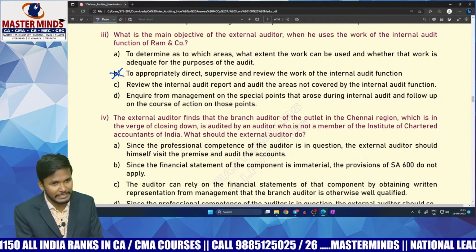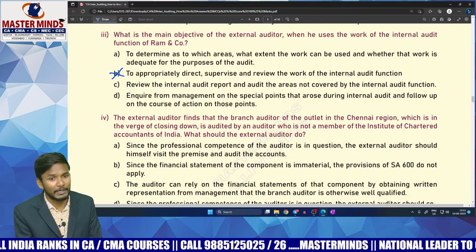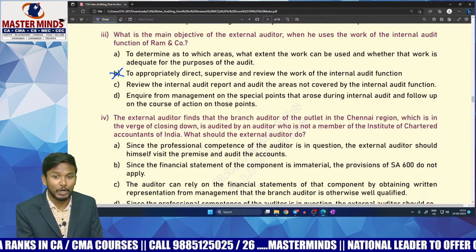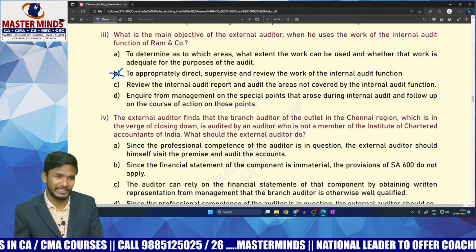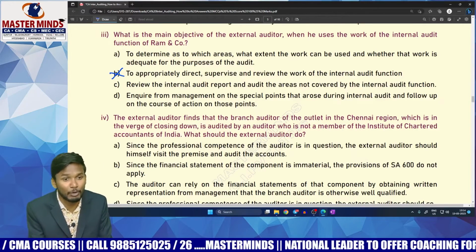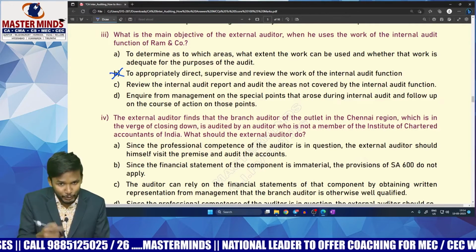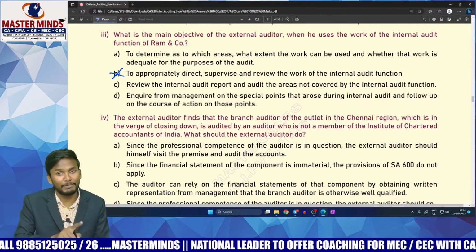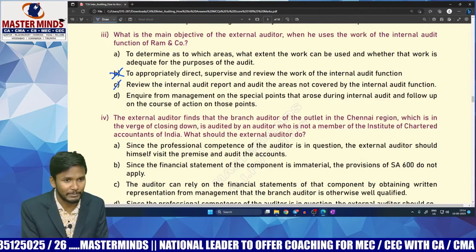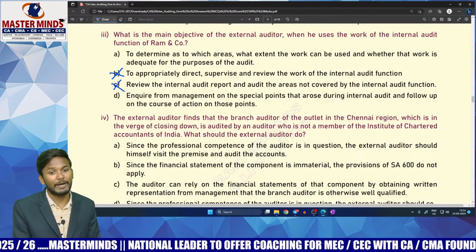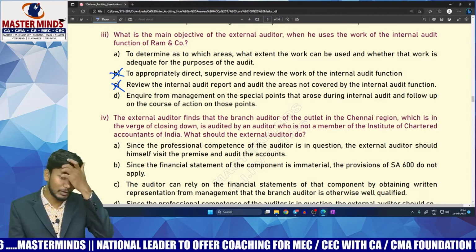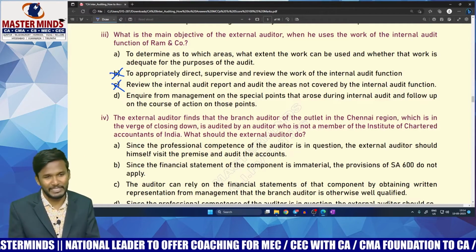Let's see C. Review the internal audit report and audit the areas not covered by the internal audit function. This anyway you are going to do. But what is the question about? What is the main objective of the external auditor when using the work? We are telling here, when you are using the work, what is your objective? It's not about performing other works. So C is also completely wrong. Next one. Inquire from management on special points that arose during the internal audit and follow up. This anyway you will do, boss.